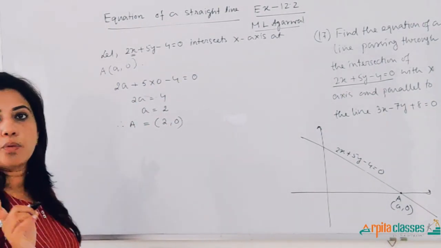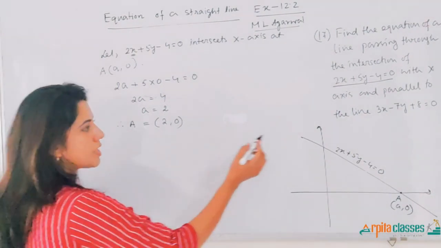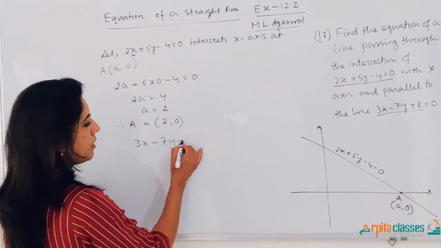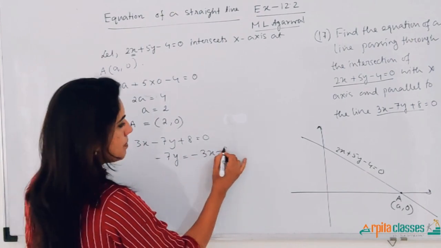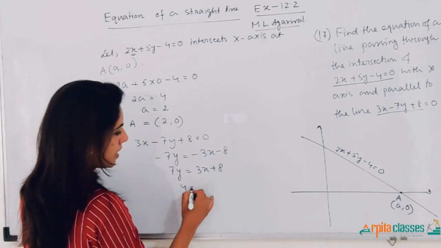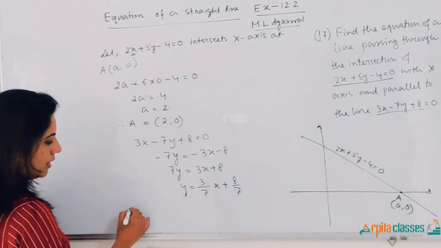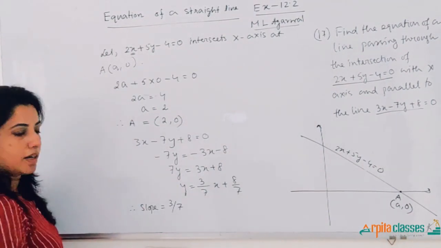We get one point through which the required line passes. Also, it is parallel to this line, so get the slope of this line. 3x minus 7y plus 8 equal to 0. Minus 7y is minus 3x minus 8. Thus 7y is 3x plus 8, or y is equal to 3 upon 7 x plus 8 upon 7. Therefore, slope is equal to 3 by 7.